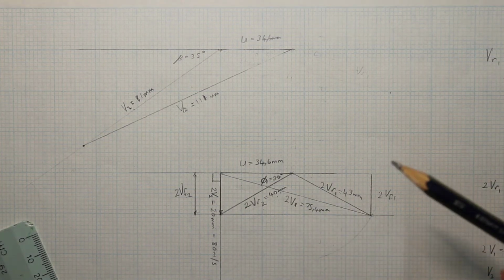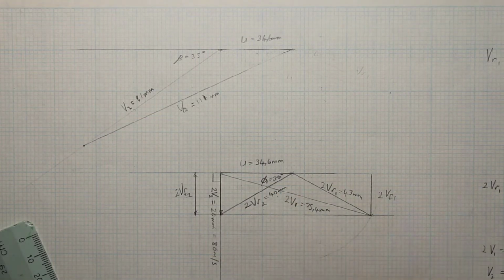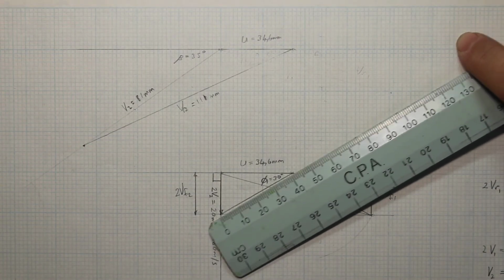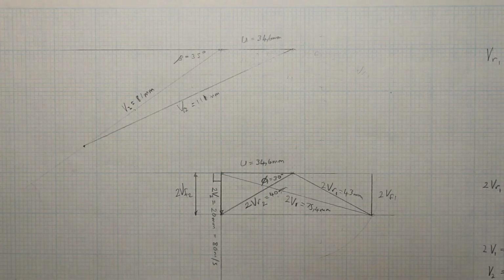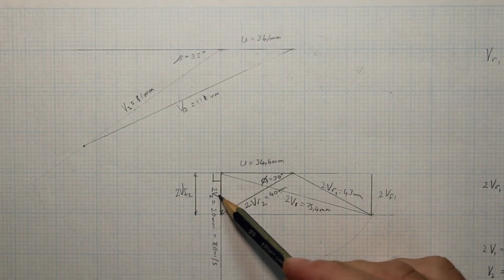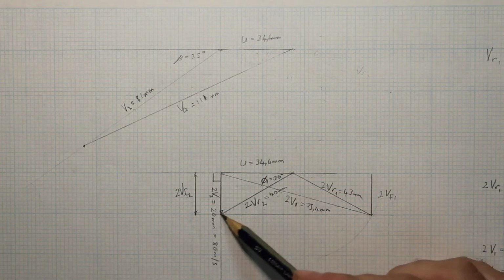Or we could have just used trigonometry. But if we join this point to this point and we measure it with the ruler like that, then I got it to be about 40 millimeters. So now we know what the relative velocity 2 is. So that means it's the outlet steam, VR2, relative to the moving blade. So that's that line there.